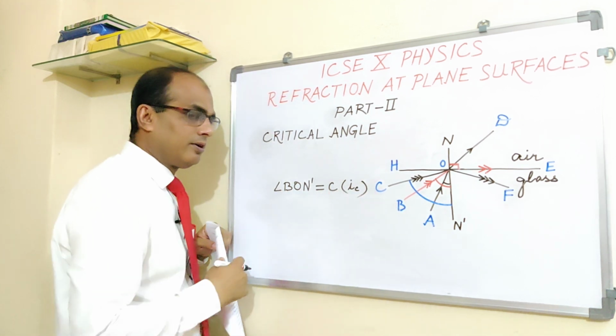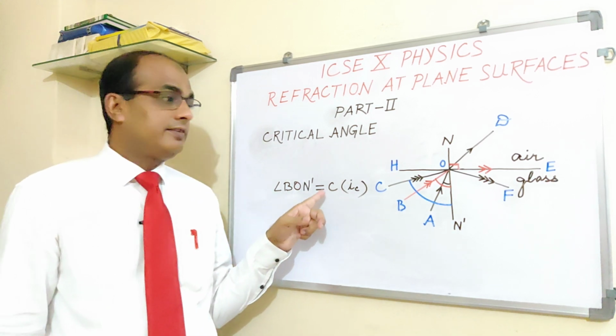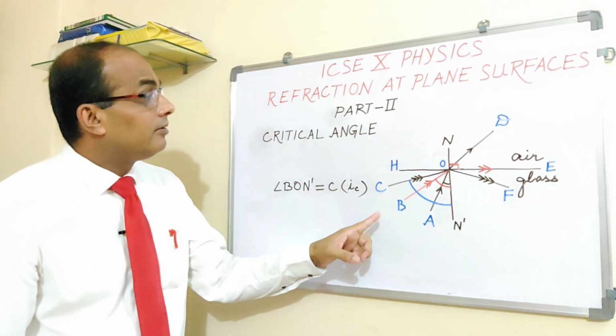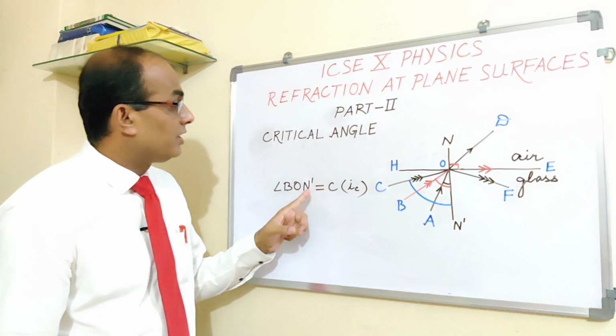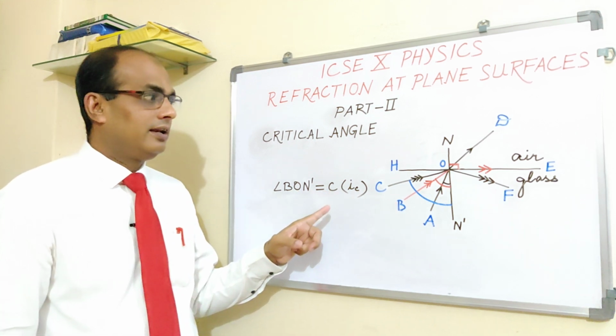Either like this or with the help of capital C. So angle BON dash is C, critical angle.